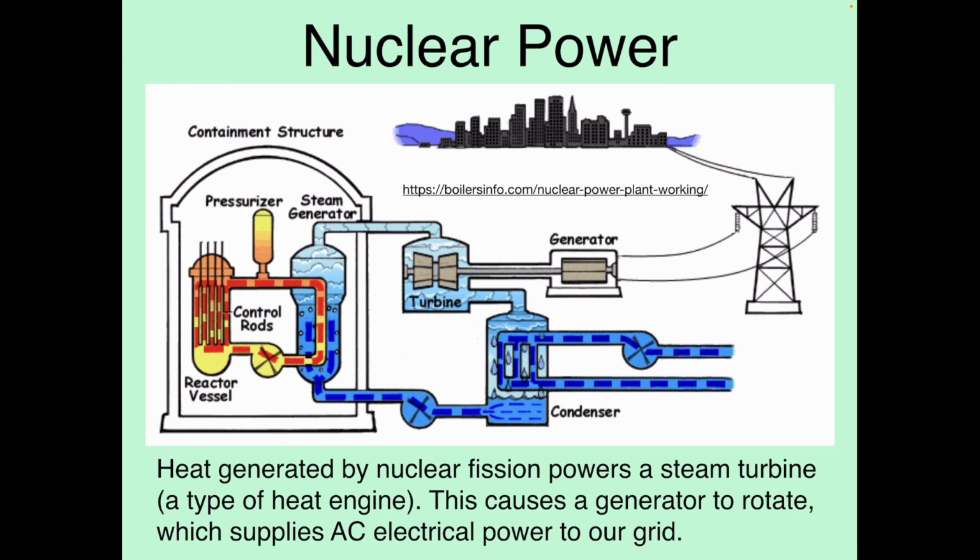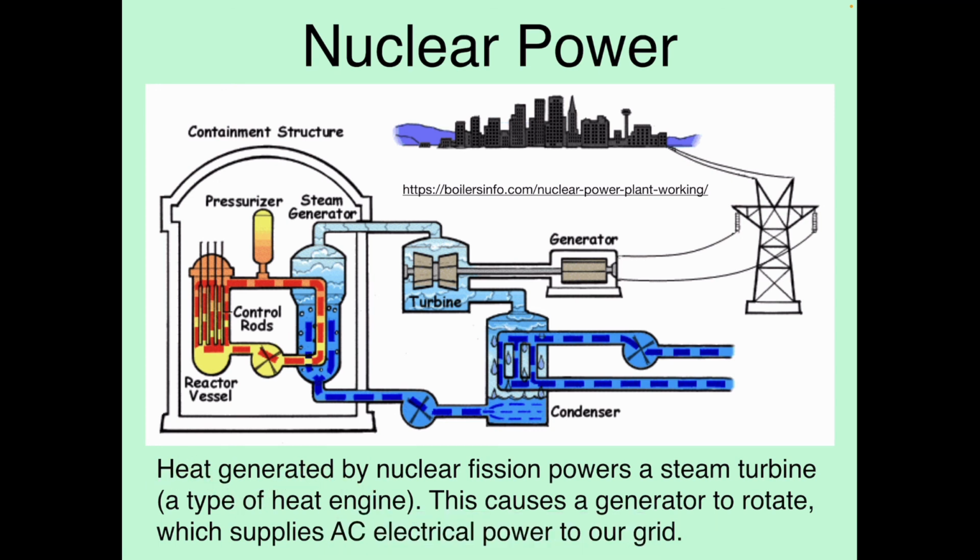So we know that when an atom undergoes nuclear fission and the nucleus splits into 2 or more smaller nuclei, that energy is released in the process. And if we have a whole bunch of atoms that are undergoing nuclear fission at the same time, that can actually generate a substantial amount of heat.